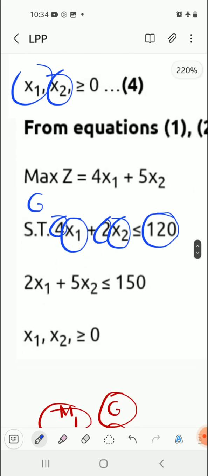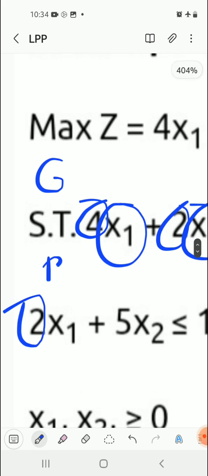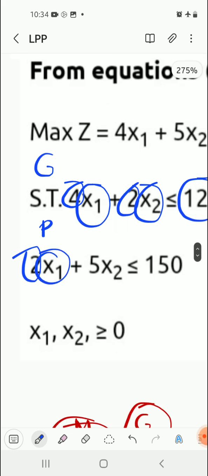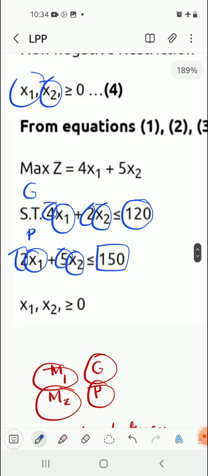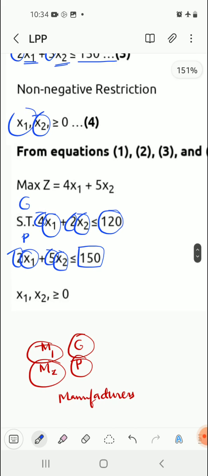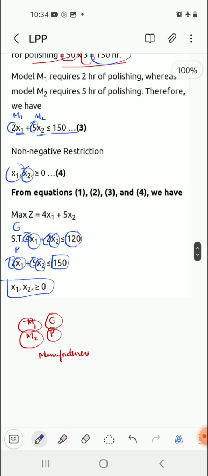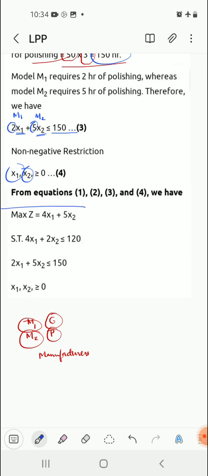The second constraint is 2 hours of polishing machine used for model M1 and 5 hours for model M2, and the total working hours is 150, because it is already stated that he has 3 polishing machines and each works for 50 hours only, and we have 2 models. So these become my equations. Together, these equations are known as the LPP, and we have different methods to solve it.